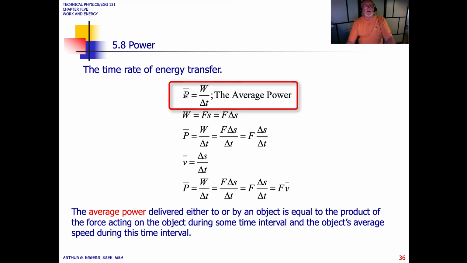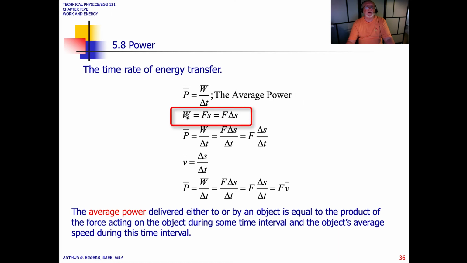So the average power, and whenever you see that little bar over a letter like the P, it means average, the average power is equal to W divided by delta T, the change in T. So that's our average power. And what was W? Well, we defined W as the work, force through distance, F times S, or F times delta S, or F cosine theta delta S.